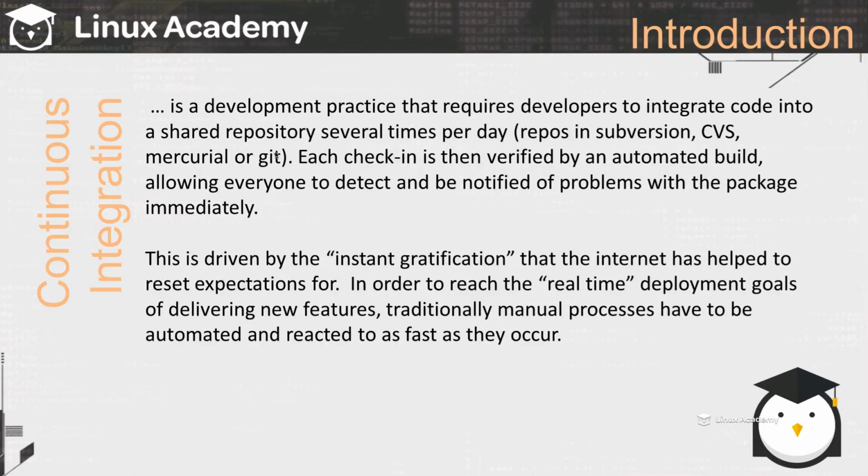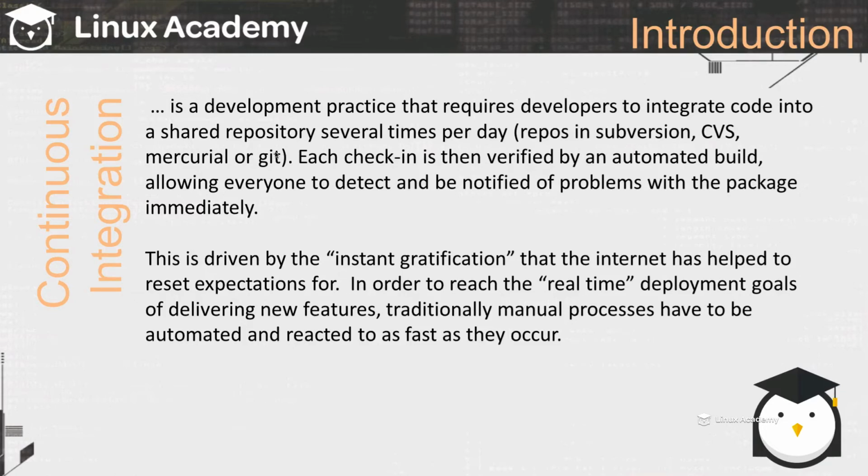Really, continuous integration is driven by the quote-unquote instant gratification that the internet has helped to reset expectations for. Because everything is alive, because we can shop 24 hours a day, 7 days a week, one of the competitive advantages that businesses especially have online is the ability to quickly deliver new features and new functionality to their applications and their sites.